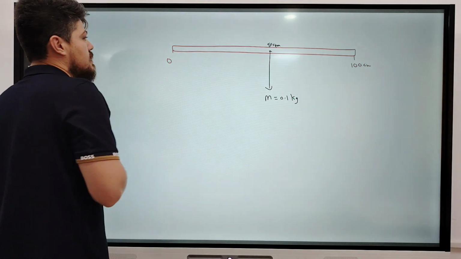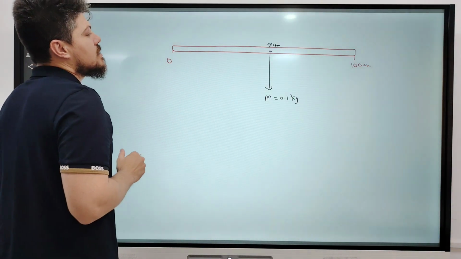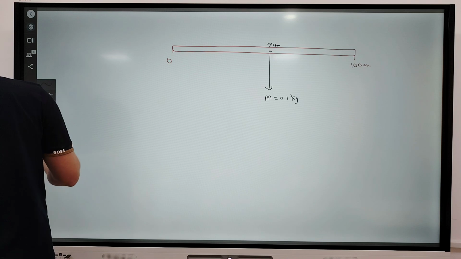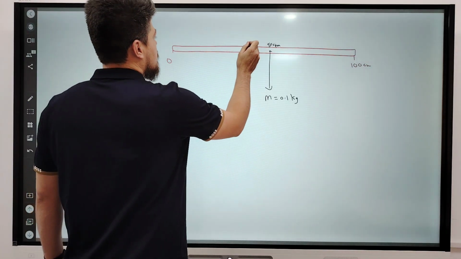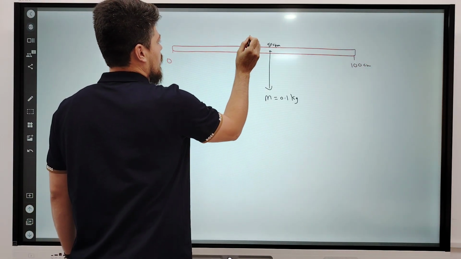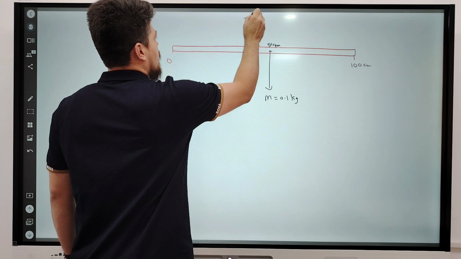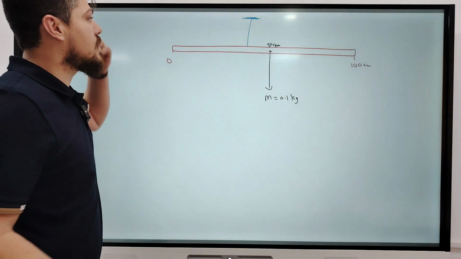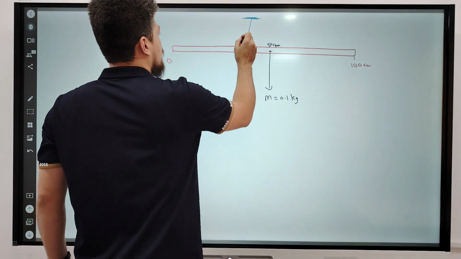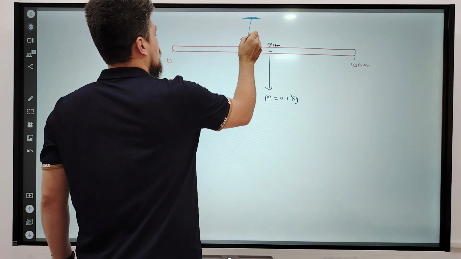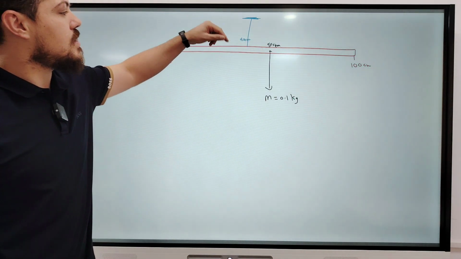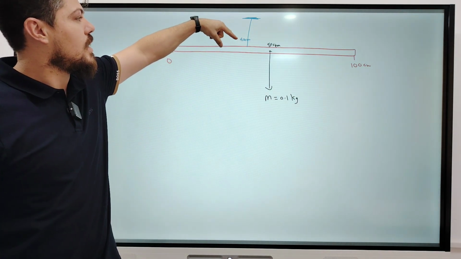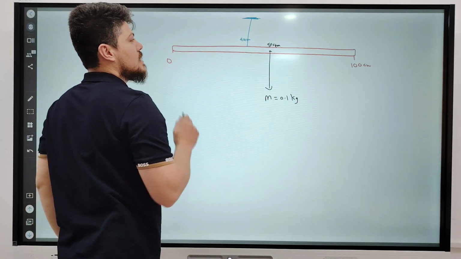The question says the beam is attached by the string, and I mark it at 40 centimeter. So this meter stick is suspended by this tension force at 40 centimeter. The tension force that attaches to the ceiling is located at 40 centimeter.